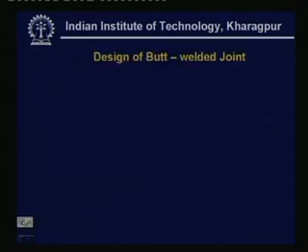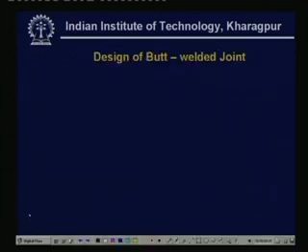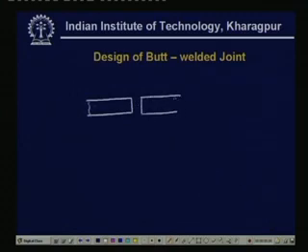Now let us come to the design of butt welded joint for static loading. Here, if you remember the butt welded joint, there are two metal pieces which are to be connected by means of welding.